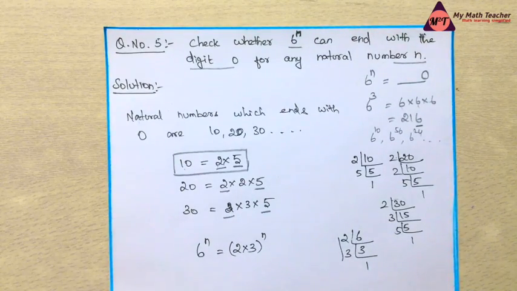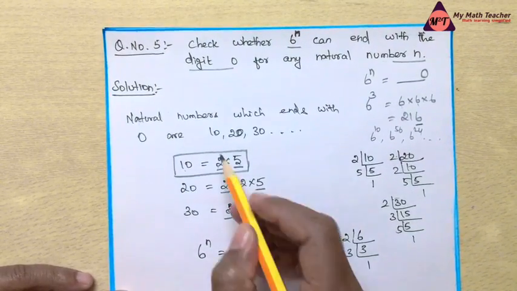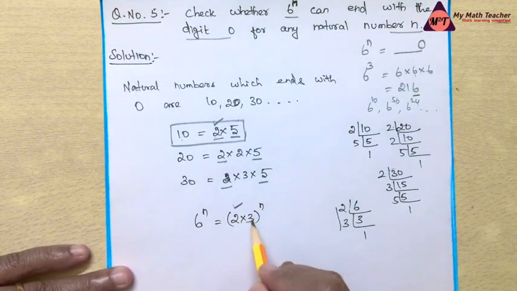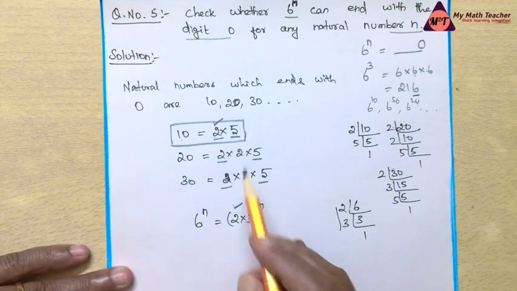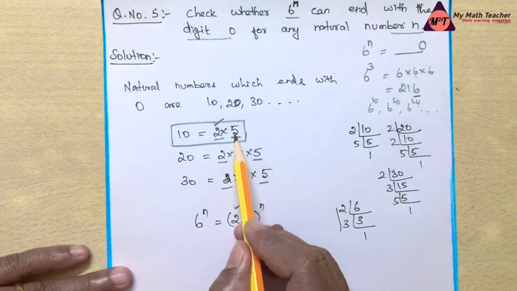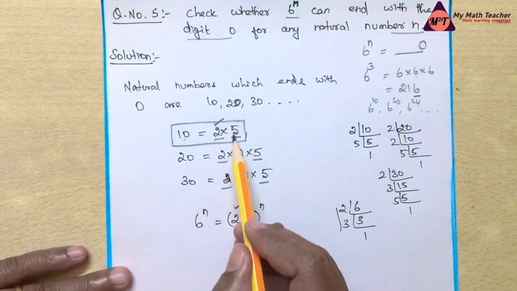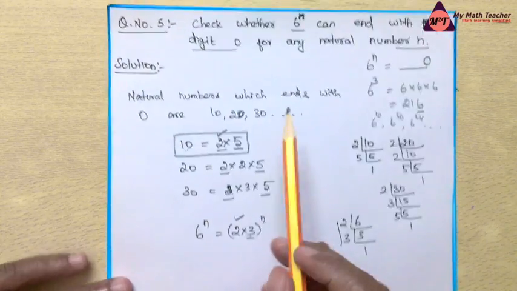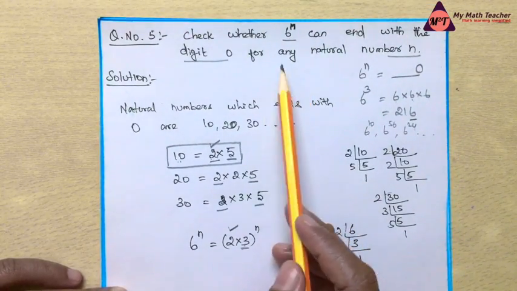We have 2 here, it is present in both the numbers, whereas here 3 is present, whereas we must have 5 in a number which ends with 0, whereas 5 is not present here. So this is not at all possible.